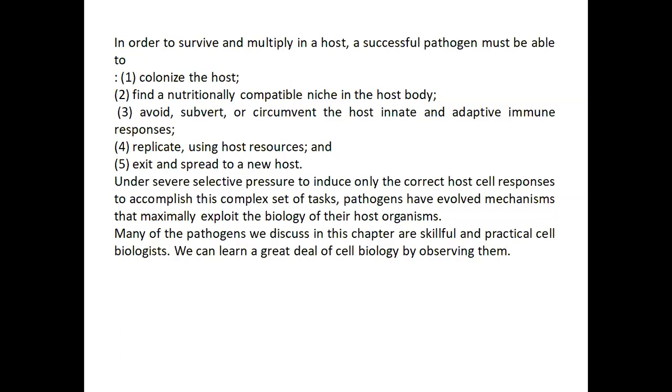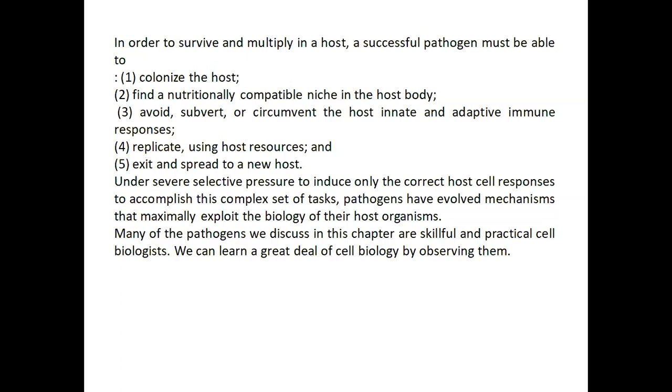A pathogen must have the capacity to grow inside the host tissues, colonize the host tissues, and be able to get nutrition from the host, or have a capacity to break the immune system of the host plant, or also have a capacity to replicate.